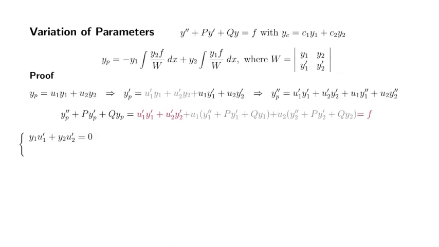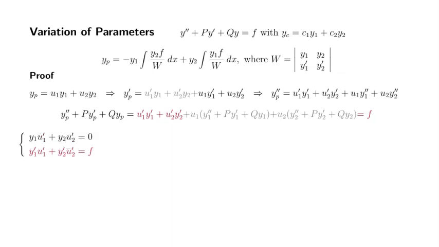We have that equation. Again, I changed the order here, so I put y1 prime first and y2 prime first, but it's the same equation. So we have a couple of equations, a system of equations involving u1 prime and u2 prime.